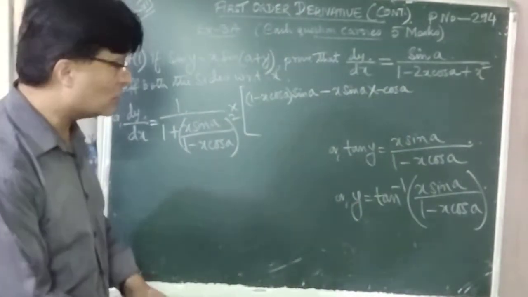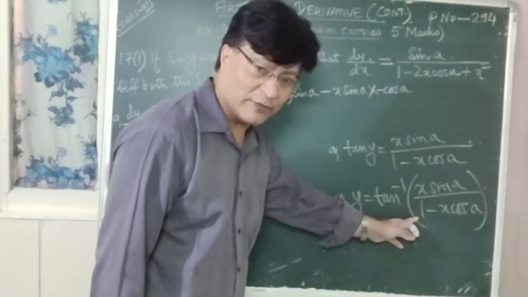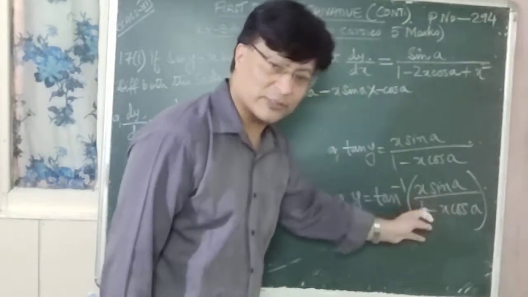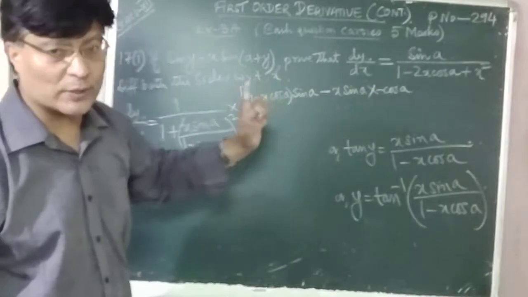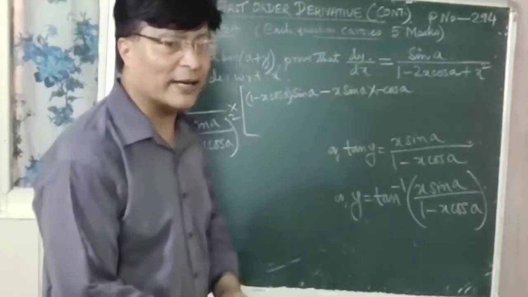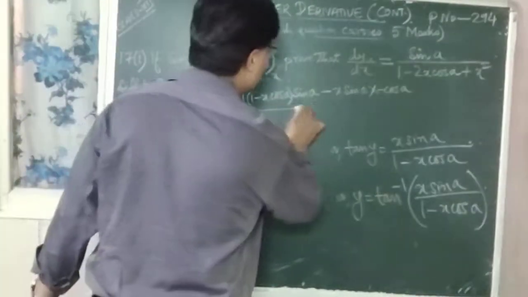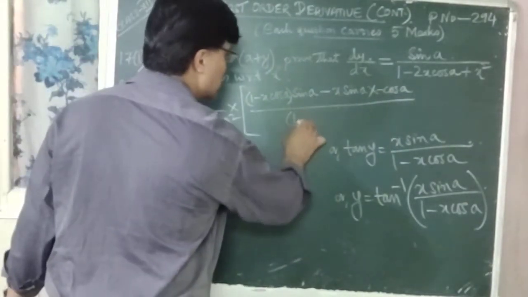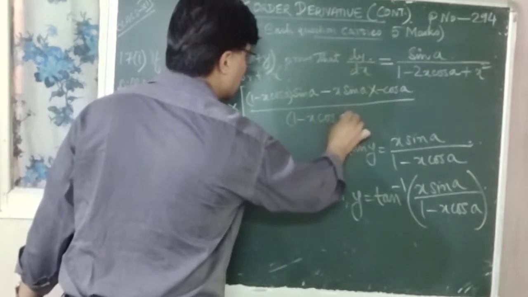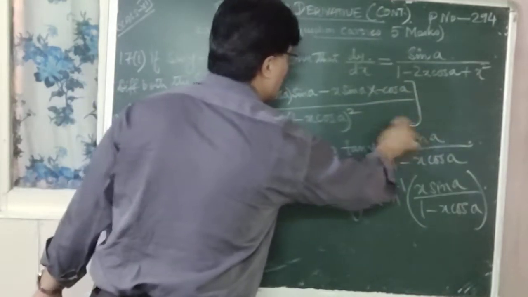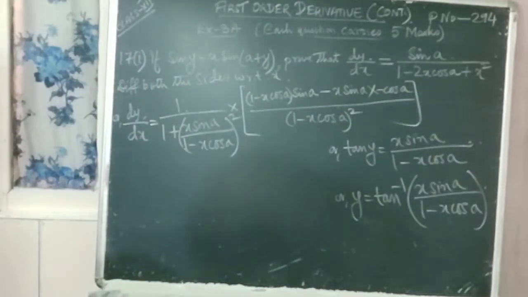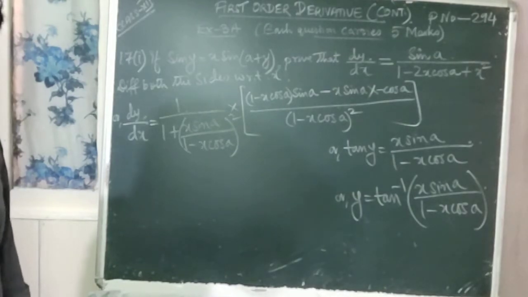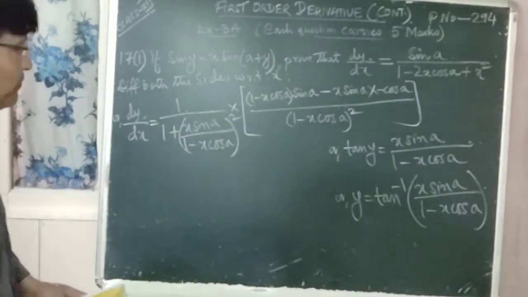Minus cos a, because for 1 the differentiation is 0, and minus cos a is constant into d by dx of x, which is always 1. So it is minus into minus cos a. So whole divided by, in the denominator what do we write? It is 1 minus x cos a, this whole square. So here the third bracket is closed. Is that clear now? Now let us simplify it.